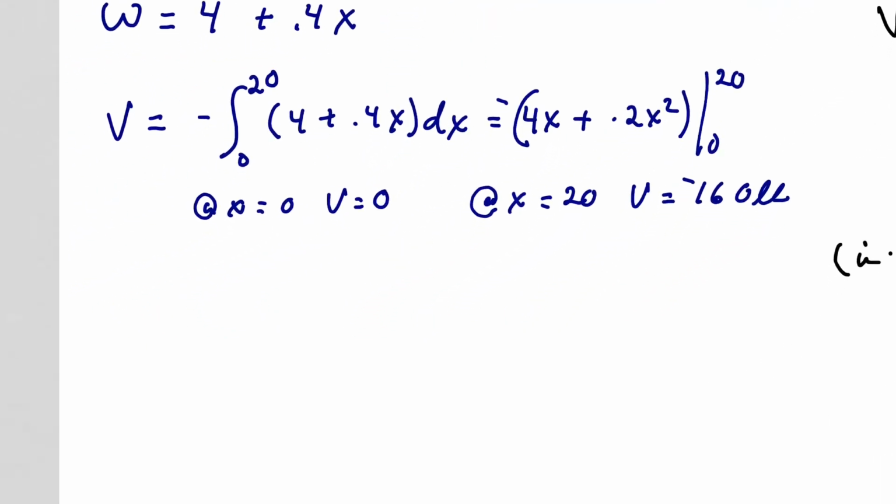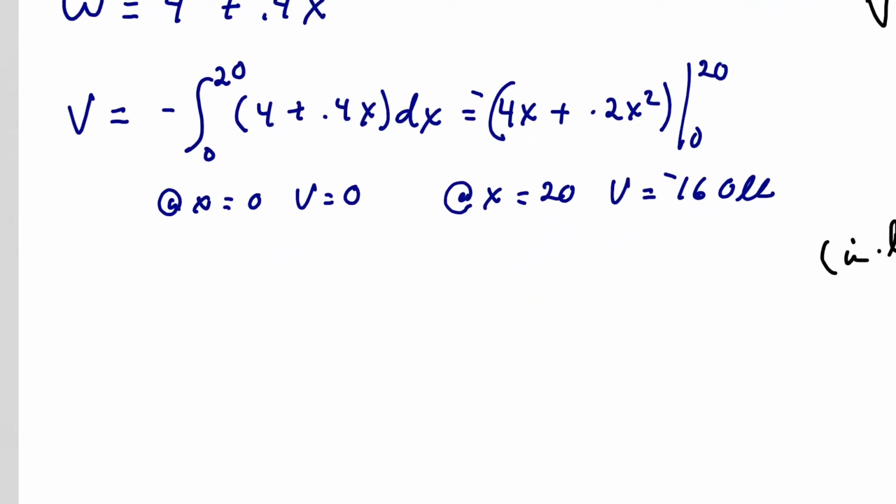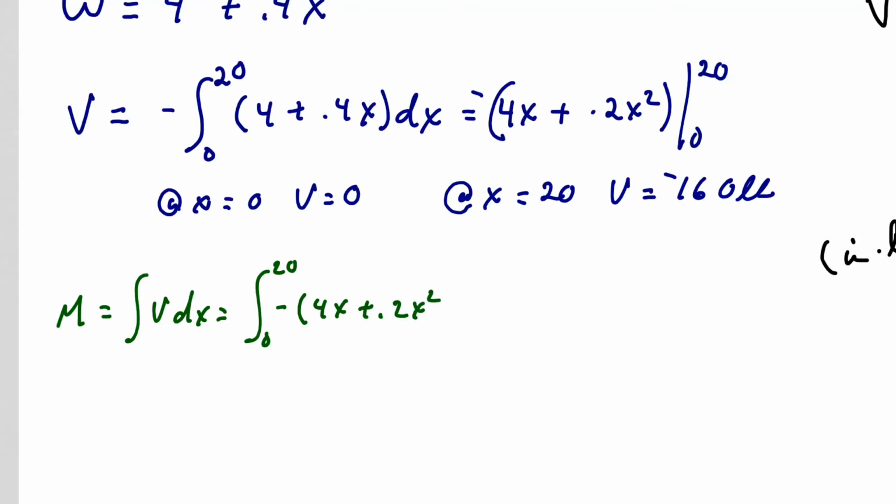Next, we want to integrate and find our moment. So M is equal to, again, the integral of V dx. We are going to be integrating from 0 to 20 of negative 4x minus 0.2x squared dx.